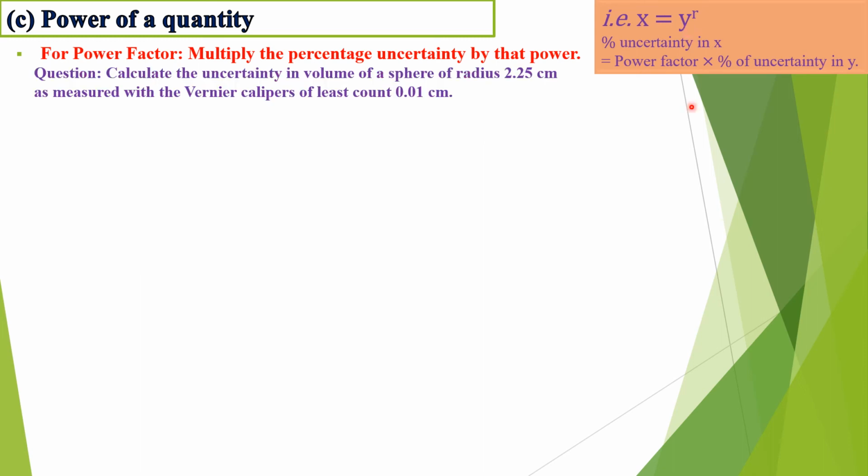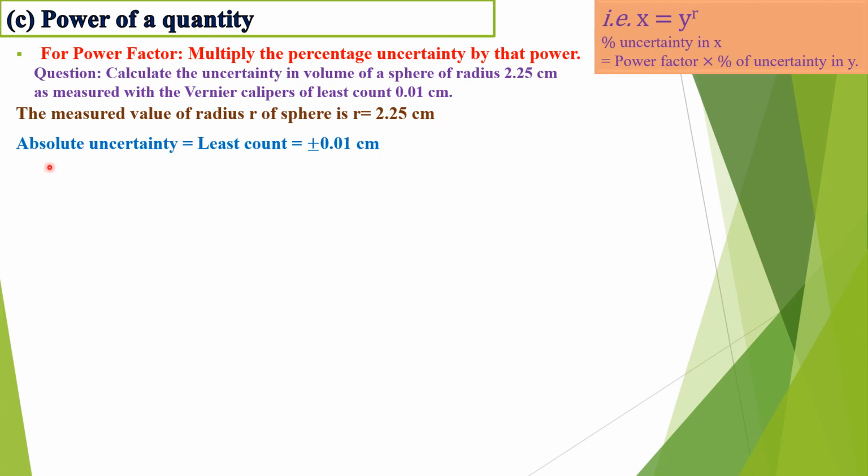Let's solve a question. Calculate the uncertainty in the volume of a sphere of radius 2.25 cm as measured with a vernier calipers of least count 0.01 cm. Solution: the measured value of radius r of the sphere is 2.25 cm and the absolute uncertainty, that is the least count, is plus minus 0.01 centimeter.